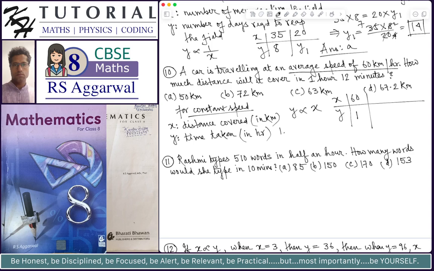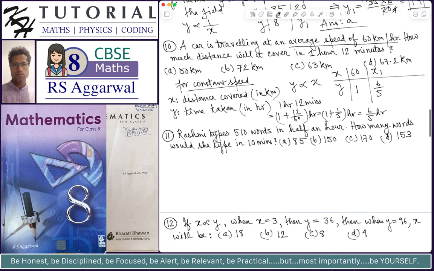So 1 hour 12 minutes is equal to 1 plus 12 by 60 hour, which is equal to 1 plus 1 by 5 hour, which is equal to 6 by 5 hour. So let us assume that the car will travel a distance of x1 kilometers in 1 hour 12 minutes, which is equal to 6 by 5 hour.